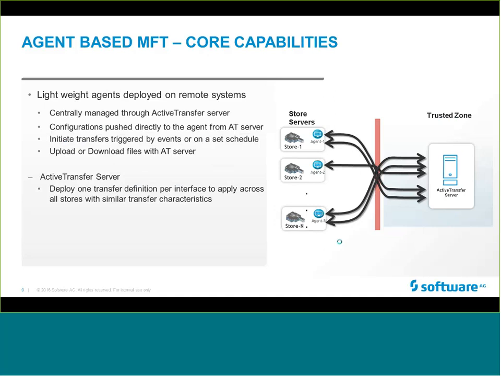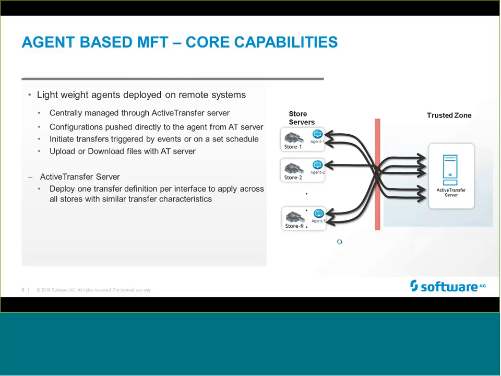With agents, we deploy these ActiveTransfer agents in the remote installations, whether stores, bank branches, warehouses, or other remote systems, and they're all centrally managed through ActiveTransfer server. We can push the configurations directly to the agent from the ActiveTransfer server. We can initiate transfers triggered by events, or on a set schedule.